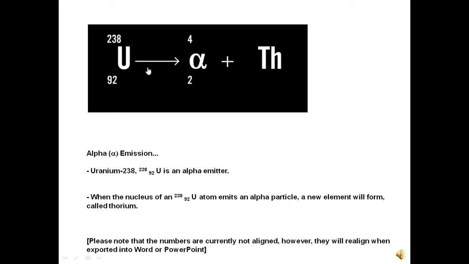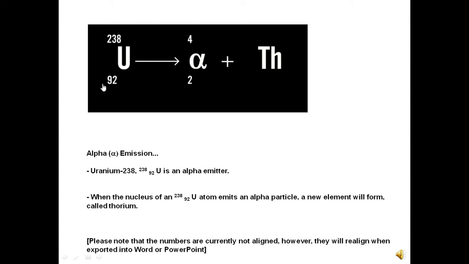So uranium is an alpha emitter. Alpha is emitted by large nuclei because only large nuclei are unstable enough to lose 4 particles from them, 2 protons, 2 neutrons. And so by conservation of mass, if I've got 238 over here, I must have 238 over here. 4 of those are the alpha particle, so that has to be 234.